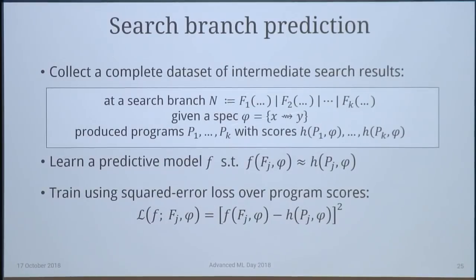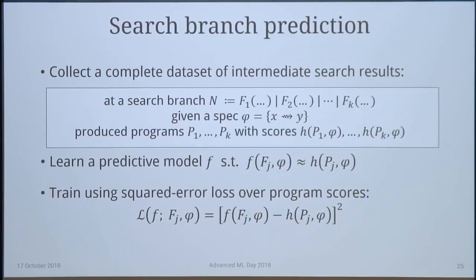But collect all the results and say, at this search branch, when we had a choice between k operators, and we had this spec of input and output example, we explored all k branches, which gave us back k top-level programs. And according to the ranking function h that we had available, program P1 had that score, program K had that score, and so on.